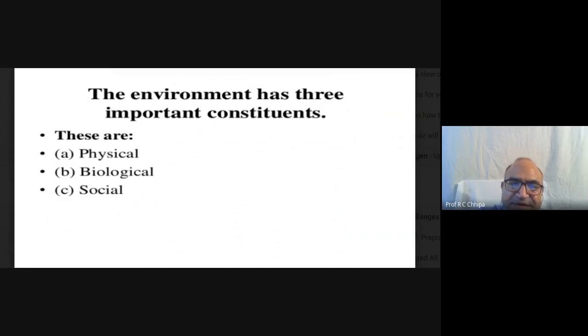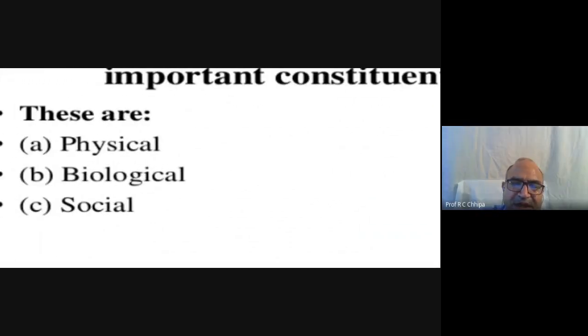The first one is the physical aspect, which includes different chemicals, organic compounds and inorganic compounds, and what I have discussed about light, that is, electromagnetic radiation, the spectrum. So that is physical.